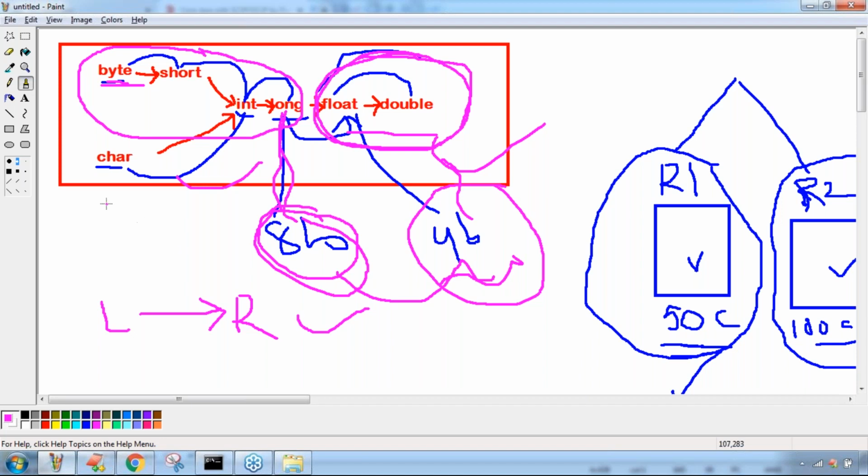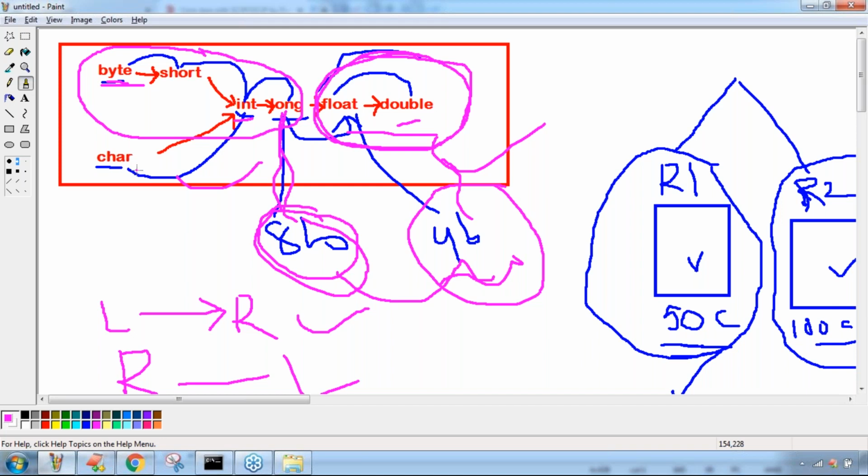No. If you move right to left, like double to float, float to long, long to int, int to byte, int to short, int to char, same diagram, right to left, explicit typecasting must be required.